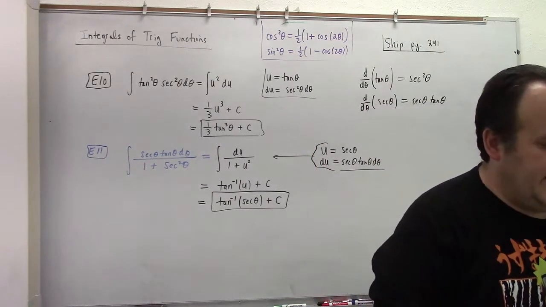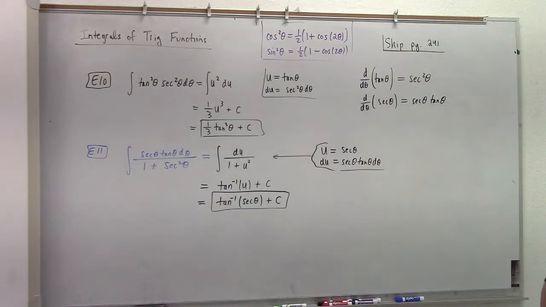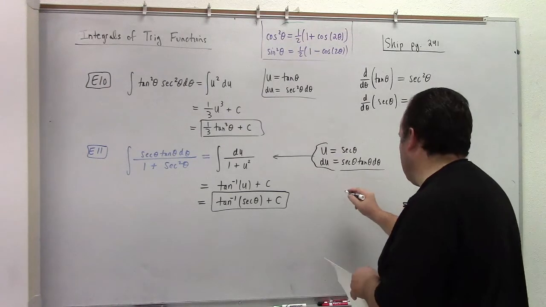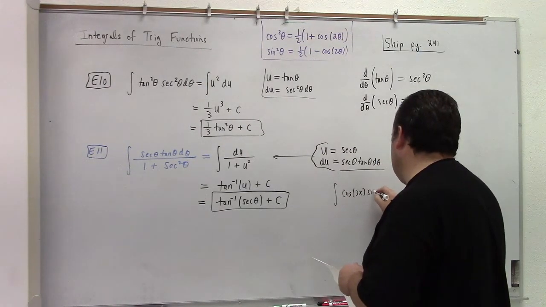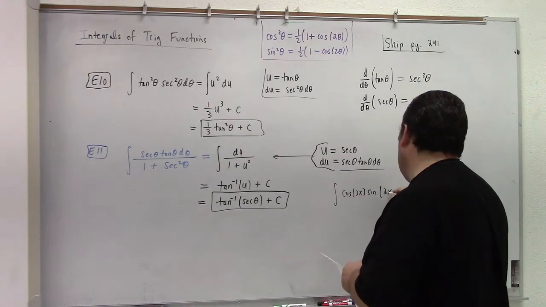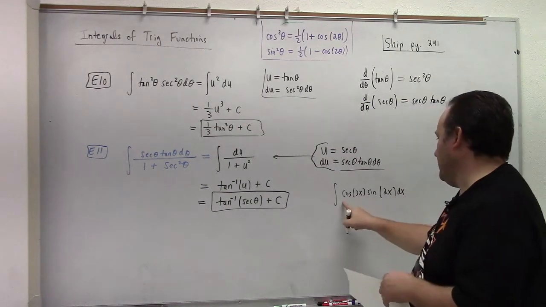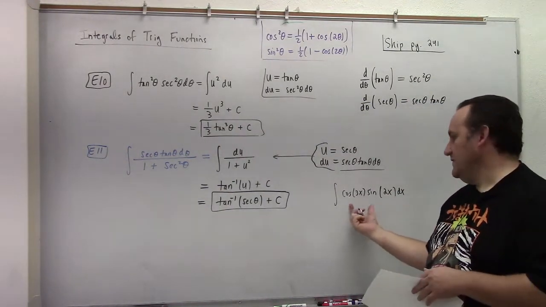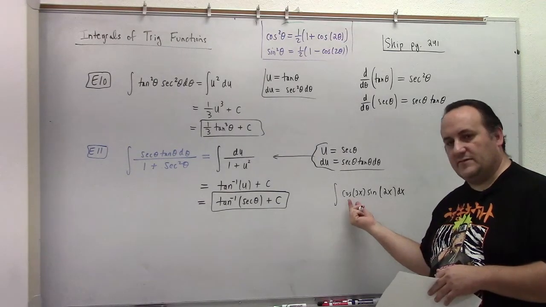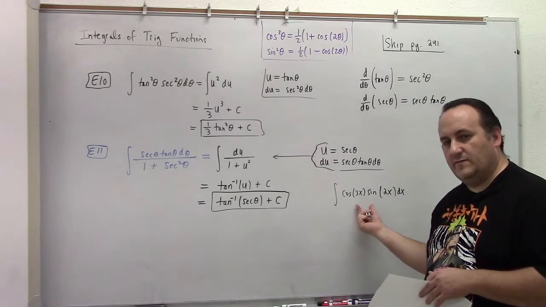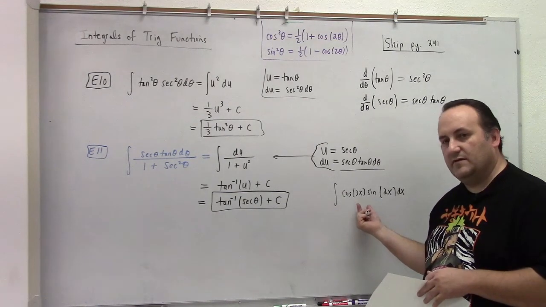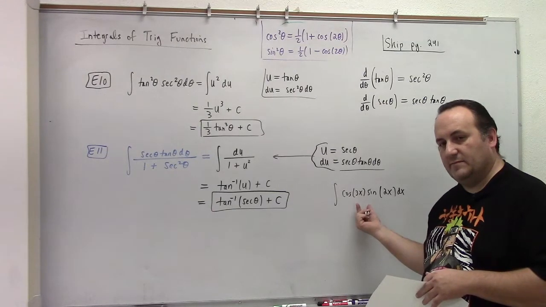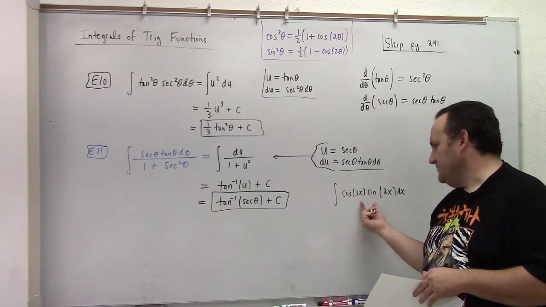What that's about is how you calculate things like the integral of cosine of 3x times the sine of 2x. There are particular trig identities that allow you to trade the product of cosine and sine for one half the sine of the difference plus one half the sine of the sum of the arguments.